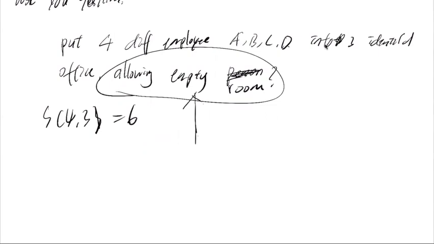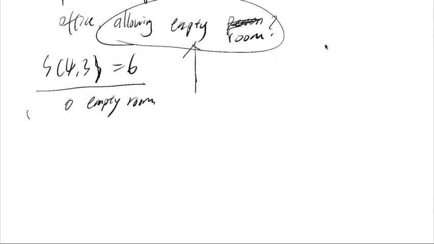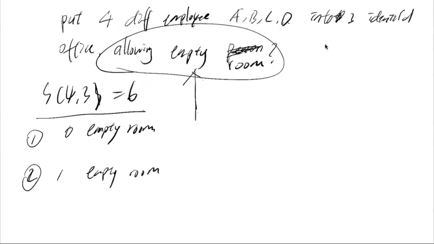So now let's say this is one scenario where I have 0 empty rooms, and then I can have 1 empty room. If I have 1 empty room, that means there are only 2 rooms left for 4 people. So that's S(4, 2), which is 7.